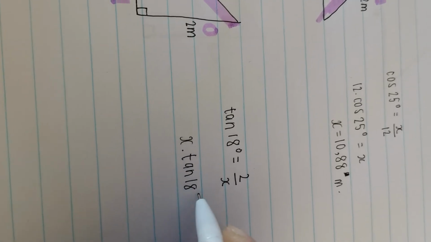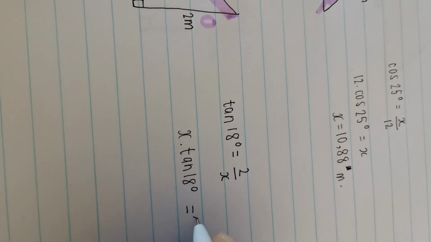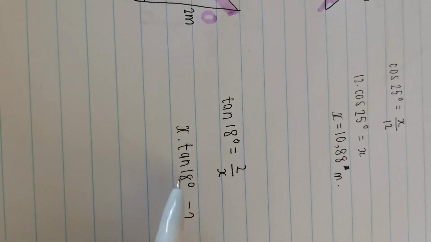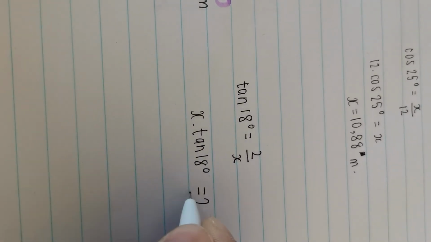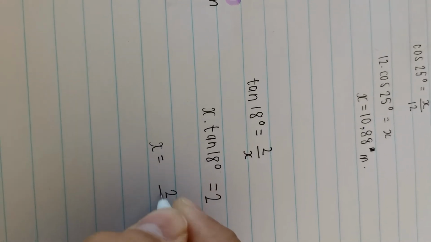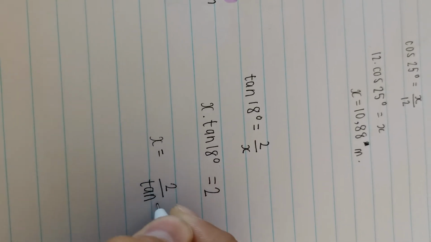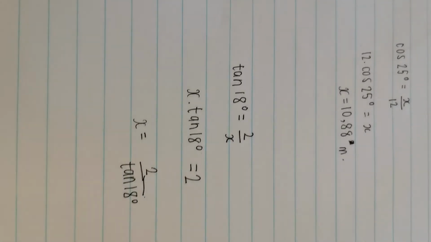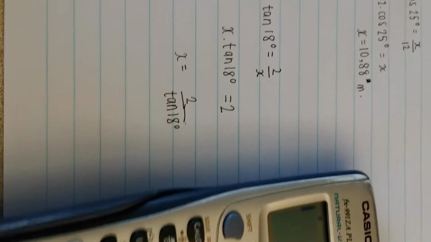Okay, you can use cot if you wanted to. But I don't want x times tan 10, I want x on its own, so divide this side by tan 10, divide the other side by tan 10. It's an equation, like an algebraic equation. Now we just have to plug this in onto the calculator.